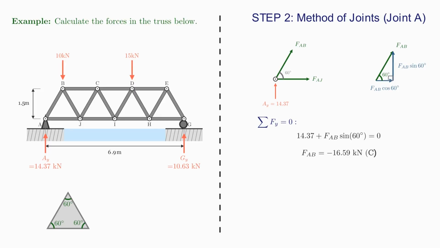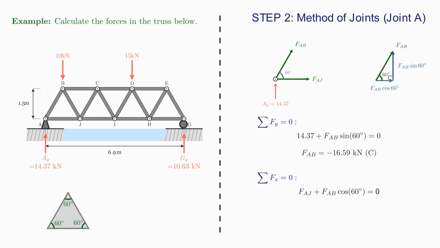Now taking the sum in the horizontal direction, taking anything to the right as positive and anything to the left as negative. At the joint A, we have FAJ, and we also have the horizontal component of FAB, which is FAB cos 60. Therefore, FAJ plus FAB cos 60 equals 0.